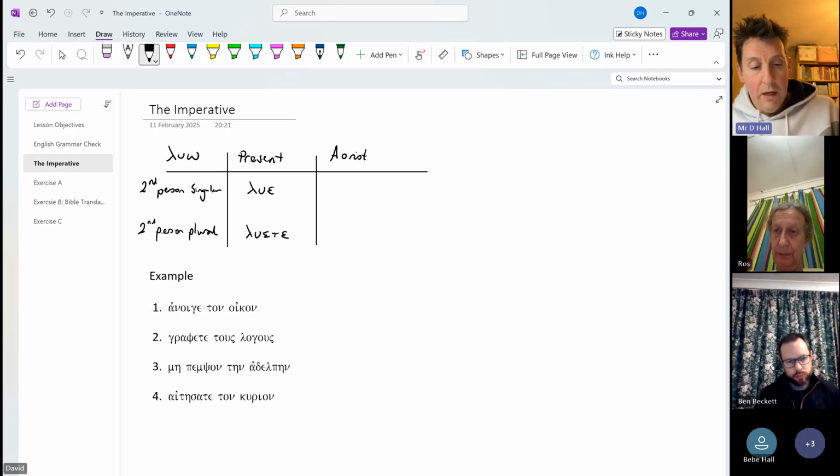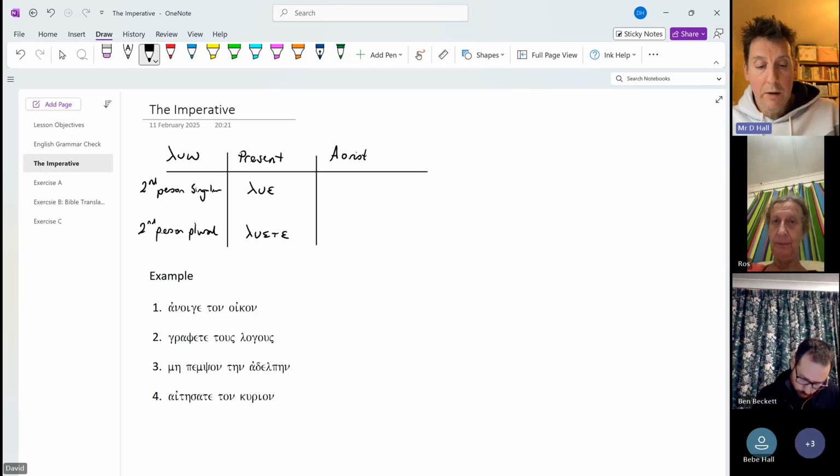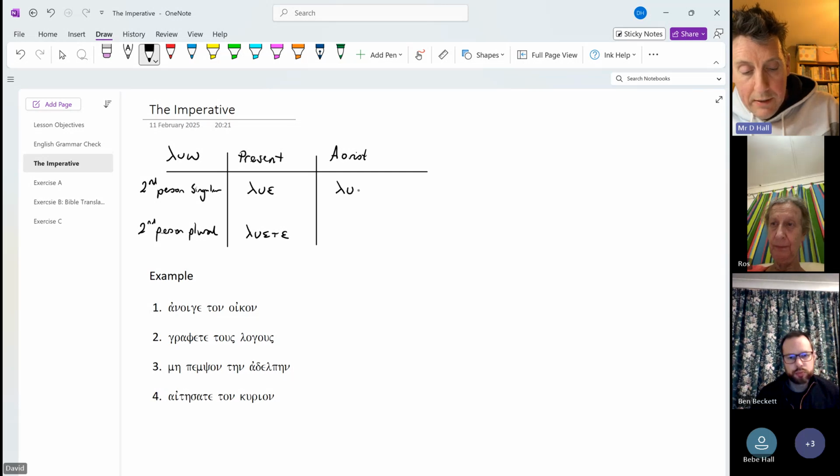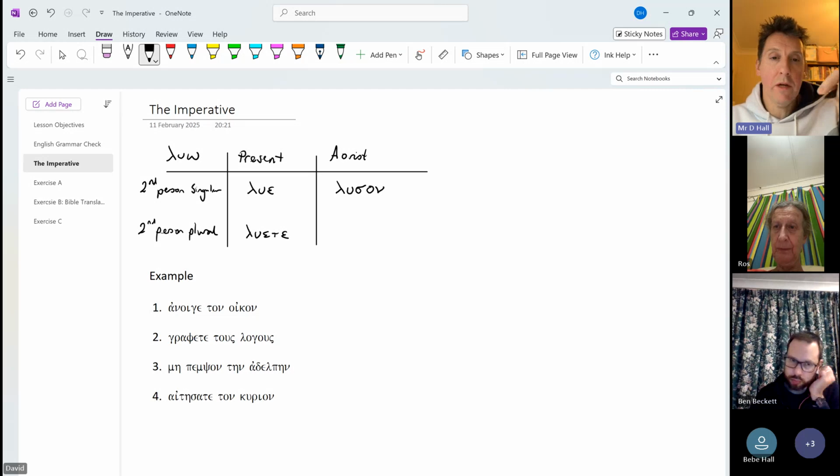So the aorist also has a way of being able to express the imperative. So first of all, we'll just give the ending. So the aorist has this sigma, which we noticed was inserted between the stem and the ending when we looked at the aorist tense when it was thinking about the past.